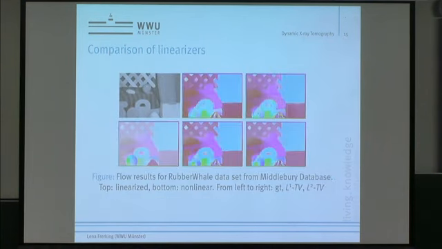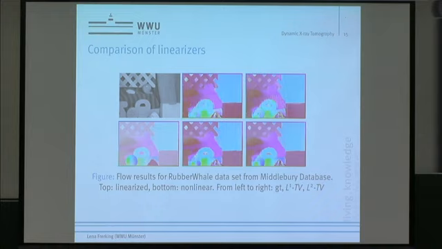Okay, now we want to see why we actually have to do all of this effort. So I want to compare the fully linearized optical flow constraint with the partially linearized optical flow constraint, and therefore use the Wobberwell dataset. Here at the top left, you see the ground truth images, and at the bottom, the ground truth velocity field.